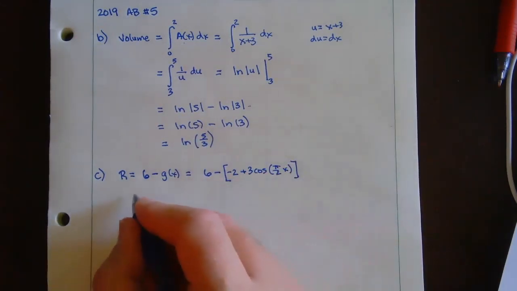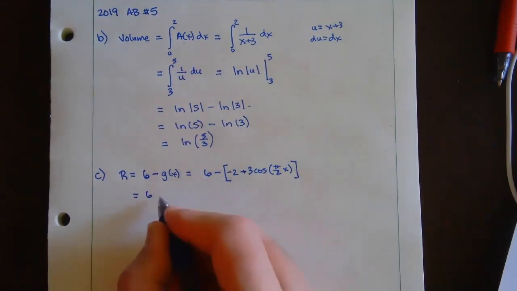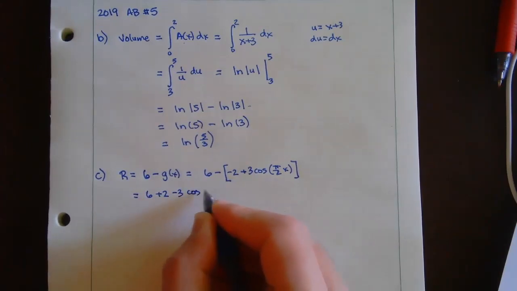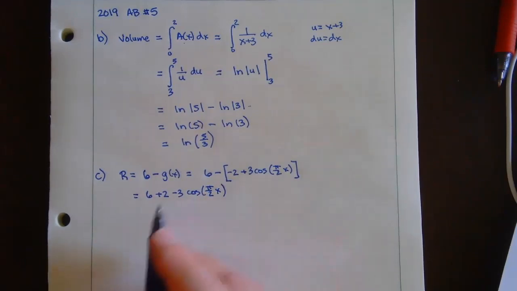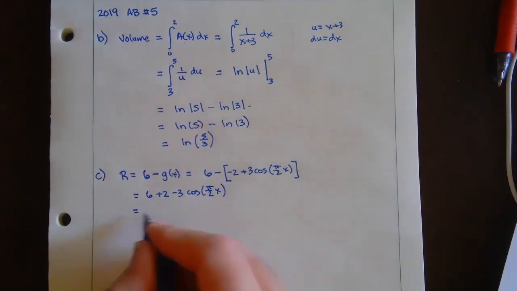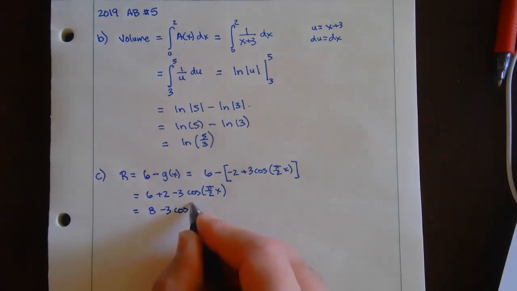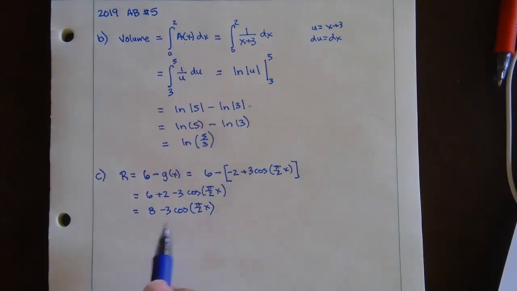Then this big R becomes 6 plus 2 minus 3 cosine of pi over 2 x. And 6 and 2 can be combined, so that'd be 8 minus 3 cosine of pi over 2 x. So that's my big radius.